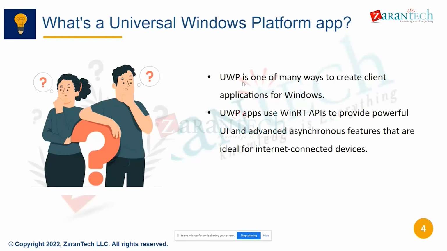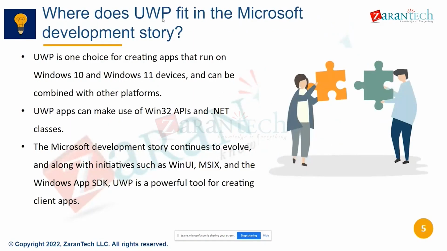So where does UWP fit in the Microsoft development story? Again, UWP is one choice for creating apps that run on Windows 10 and Windows 11, and it can be combined with other platforms as well.